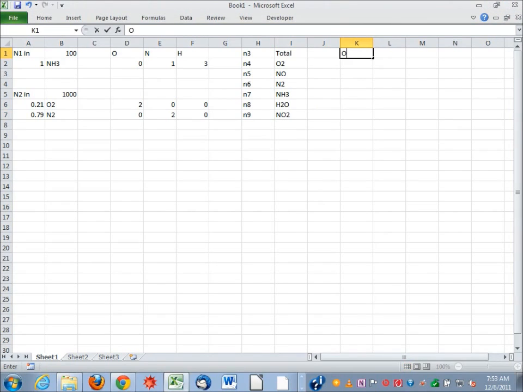We now set up our entries for oxygen, nitrogen, and hydrogen, and set how many of each atom there is for each one of these compounds, just like we did in the first part. This is done to make our calculations down below simpler, faster, and less error-prone.